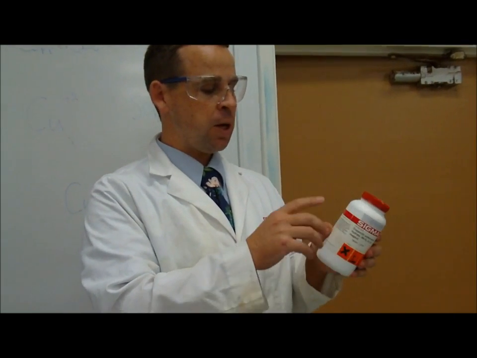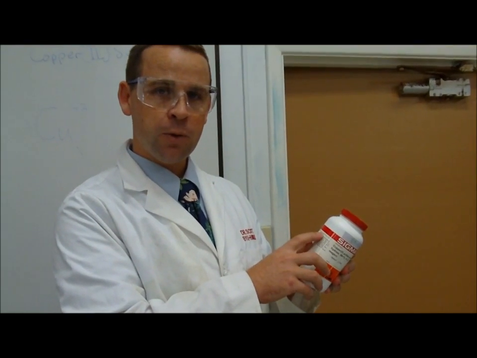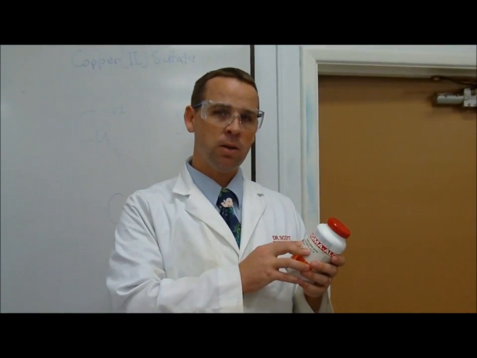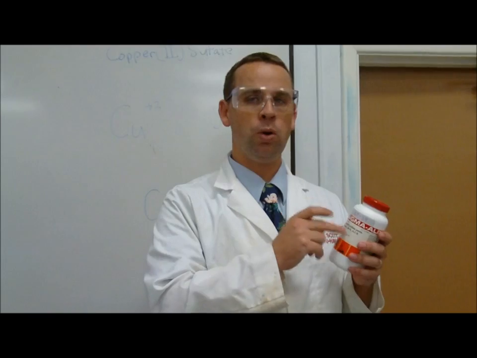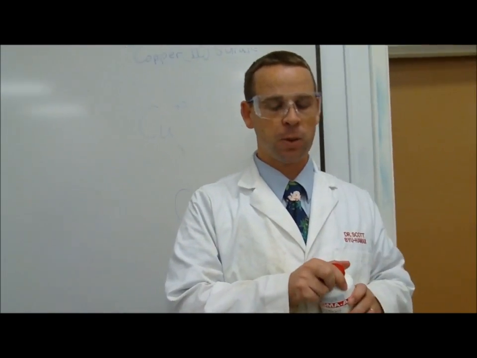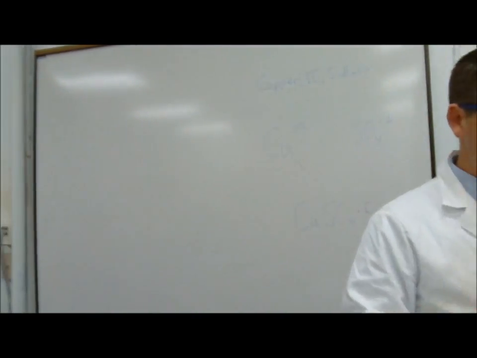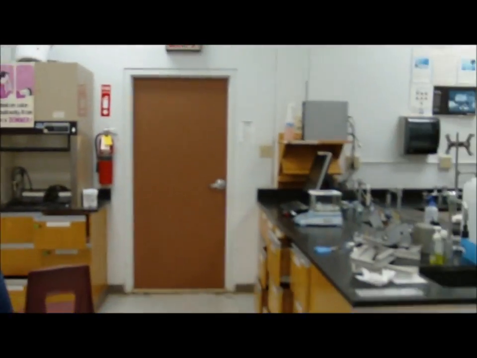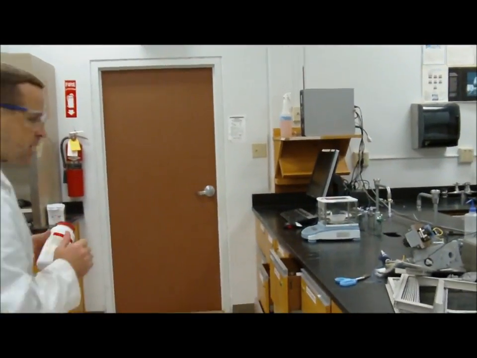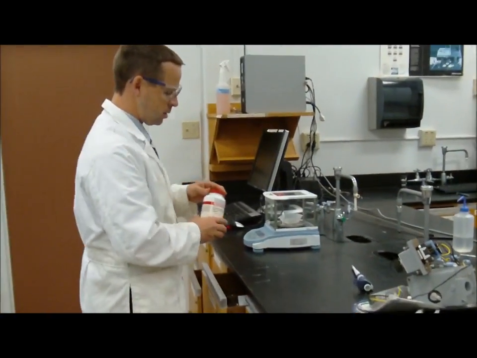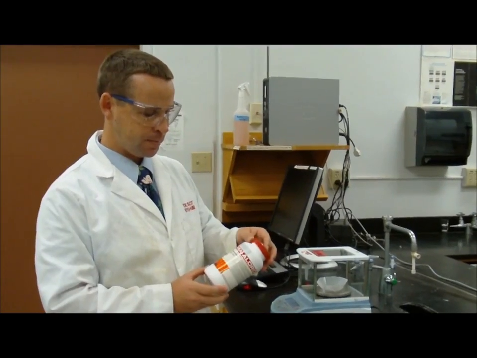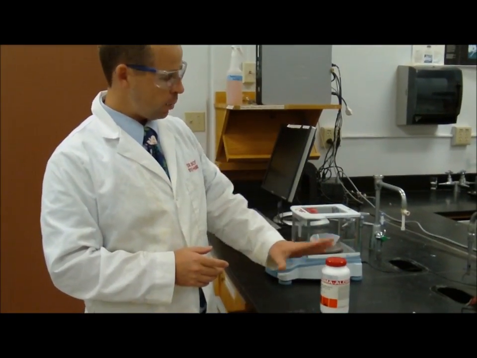If it's pentahydrate, I can look here and it'll tell me the formula weight. The formula weight will always be the same amount necessary to weigh out 1 mole of that substance in the bottle. Okay? So that's one thing to pay attention to when you're in the lab. Watch out for hydrates and determine exactly the correct mass that you need to weigh out to get 1 mole of the substance.